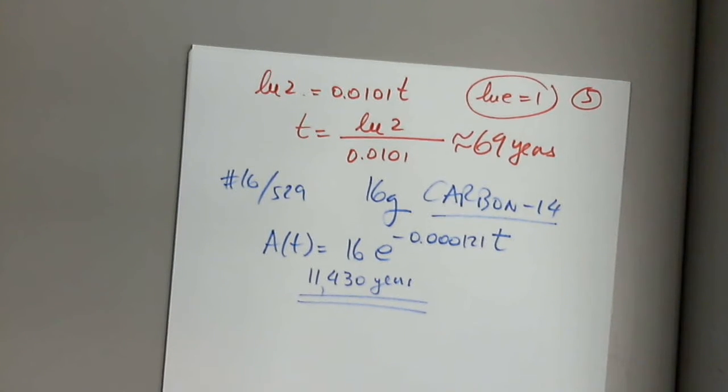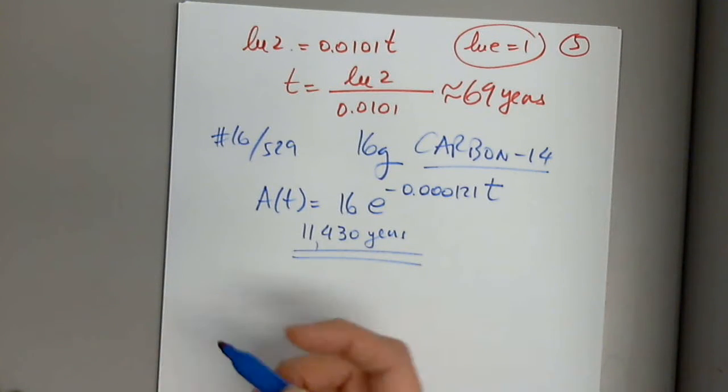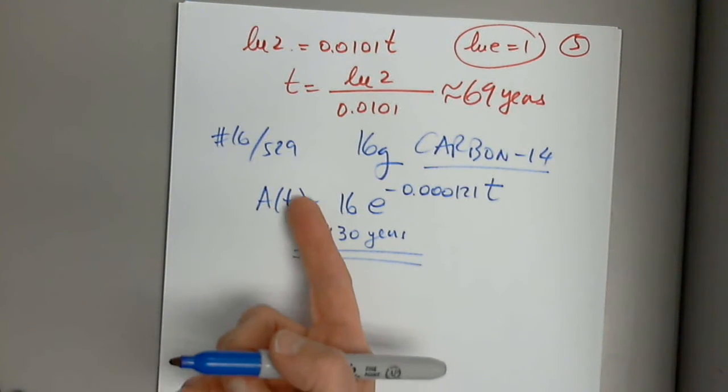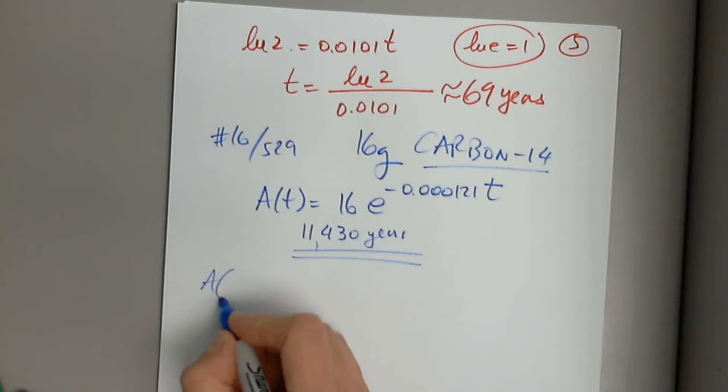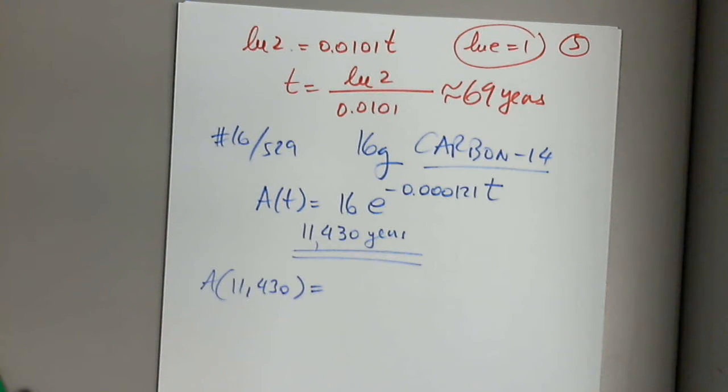What do I have to determine? Right? The amount, 11,430 years later. Can't do this without the calculator. So if you just plug that number into t like an exponent? Yeah, that's the time. Yes, exactly.